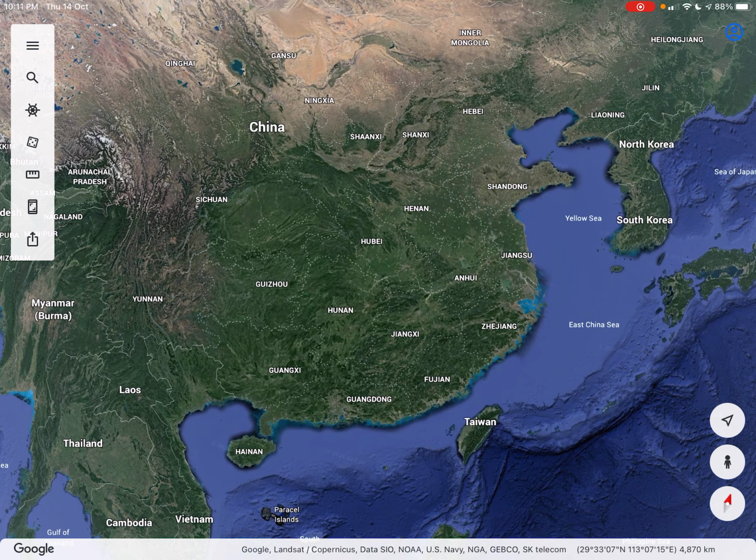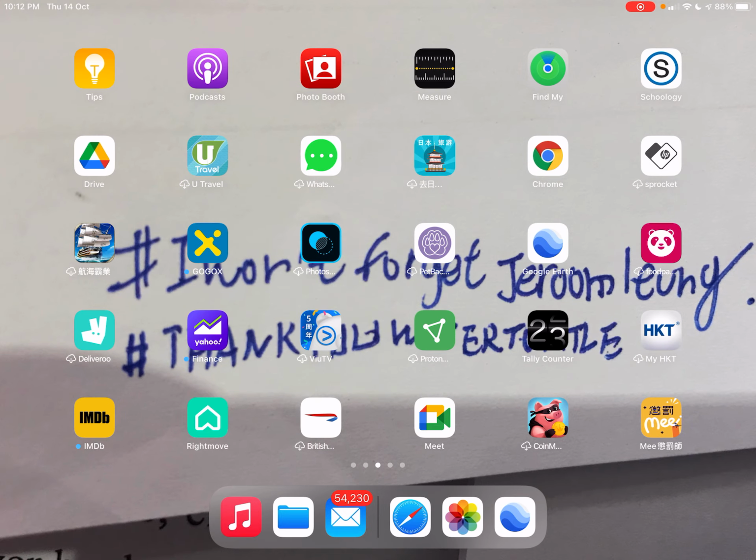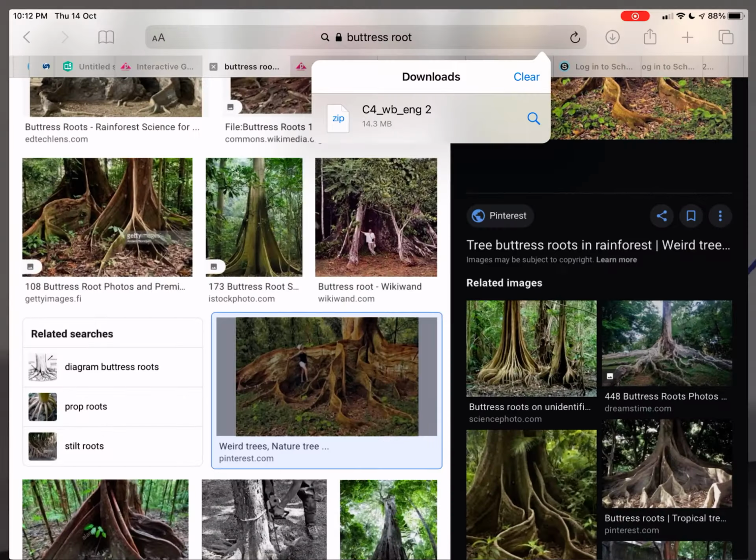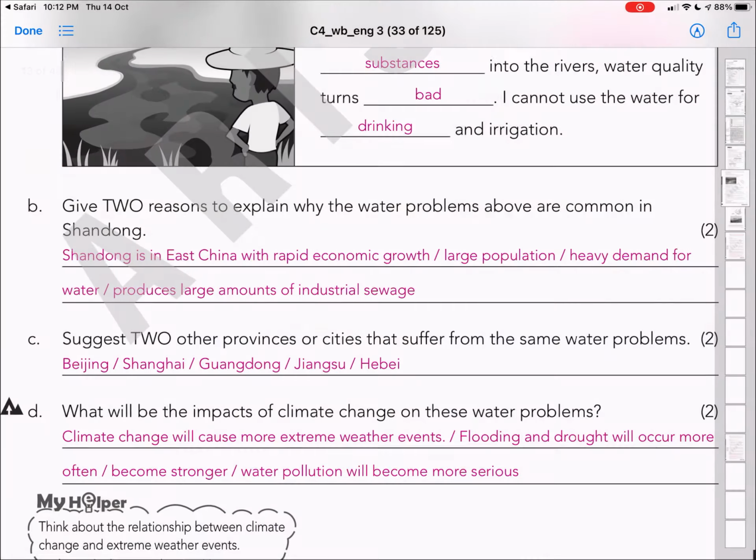You can see different kinds of provinces in China, and maybe you say Hebei, maybe you say Shanxi, Shandong, Henan, Jiangsu, Anhui, Zhejiang, Jiangxi, Fujian, Guangdong, Guangxi, also okay. So it's quite an open question. Just try your very best to explain some of them to me, that is fine.